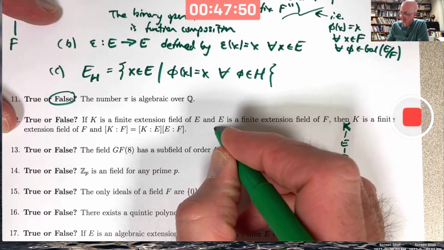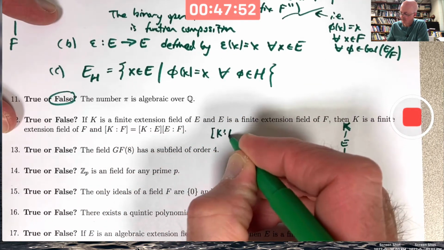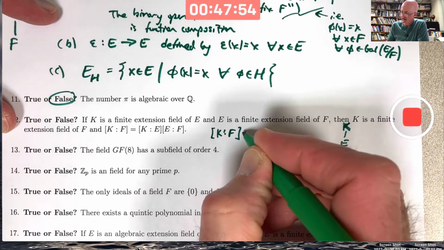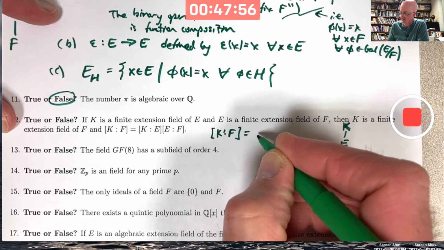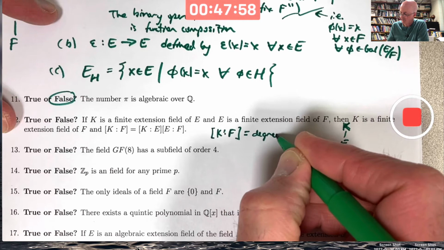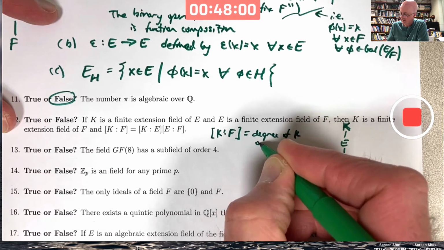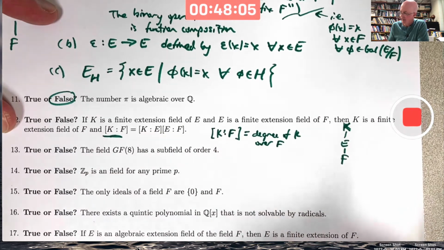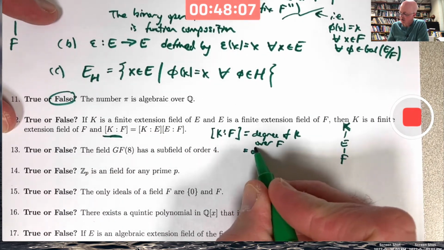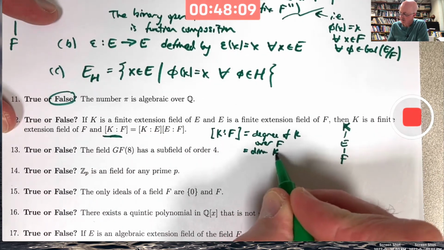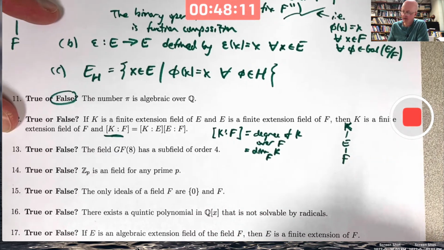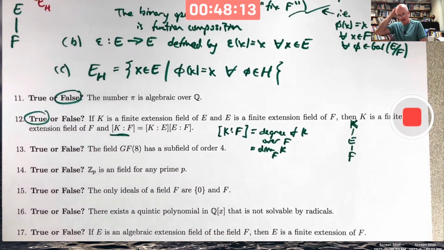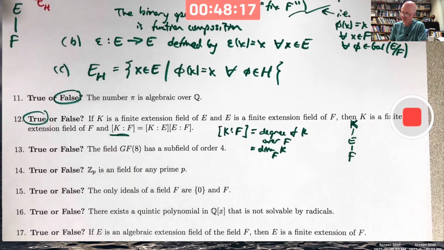For example, this symbol here is, by definition, what's called the degree of K over F. That symbol shows up right there. And by definition, it's the dimension of K as a vector space over F. This is true. Okay, and it's a pretty useful fact in advanced field theory.